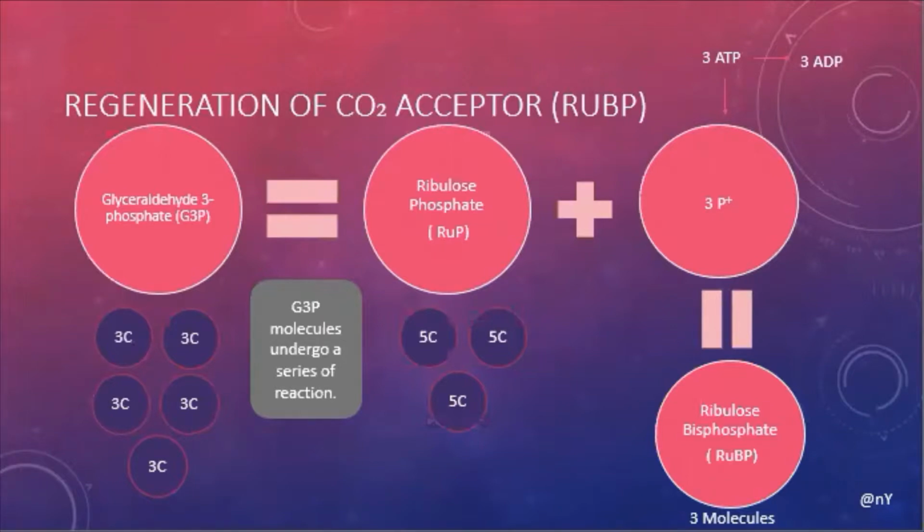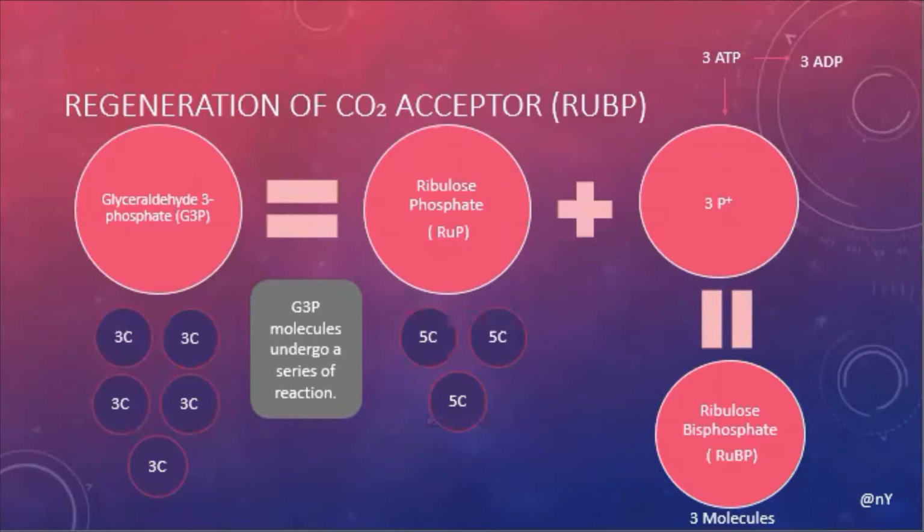These 3 molecules react with 3 phosphates coming from 3 ATPs that convert themselves into 3 ADPs. After this reaction, it again forms 3 molecules of RuBP, ribulose biphosphate, each containing 5 carbon, which is the actual input which starts the reaction.